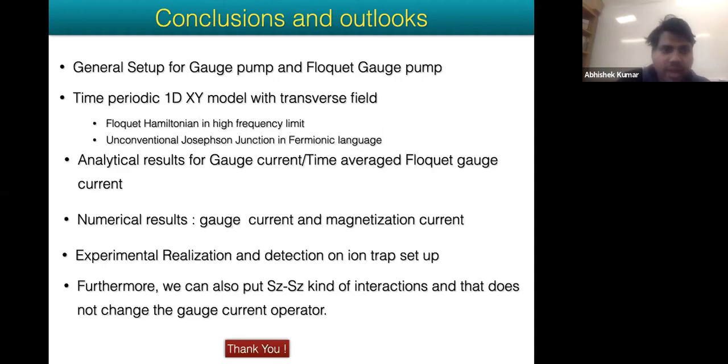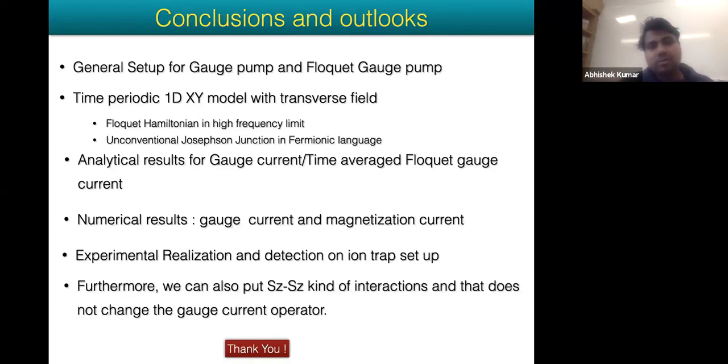So I derived the analytical results for the gauge current in that case, and I also showed the numerical results for gauge current and magnetization current. I also talked about the experimental realization and detection in an ion trap setup.